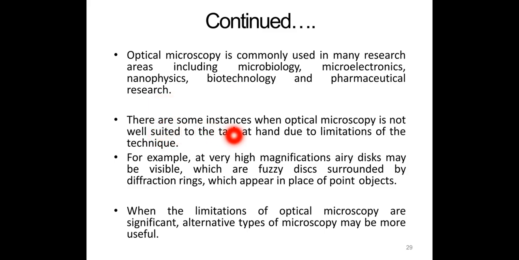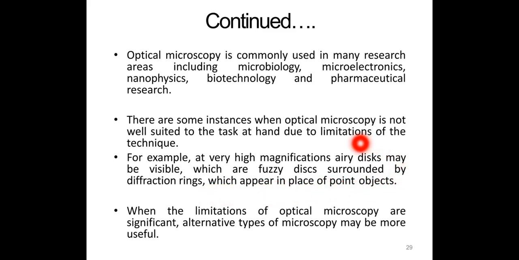There are some instances where optical microscopy is not well suited to the task at hand due to some limitations. In some areas, it is not applicable because of these limitations. For example, at very high magnifications, airy discs may be visible, which are fuzzy discs surrounded by diffraction rings, which appear in the place of the object.